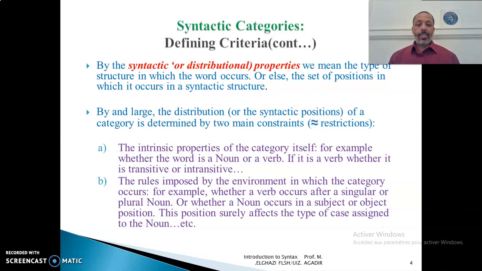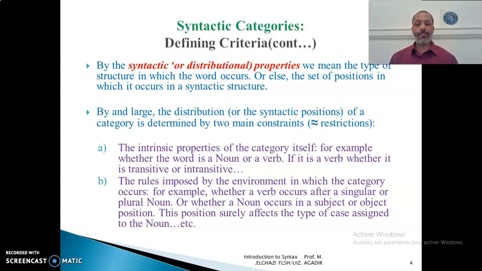The second criterion which restricts the distribution of words in a structure is the rules imposed by the environment in which the category occurs. For example, whether a verb occurs after a singular or a plural pronoun, or whether a noun occurs in a subject or an object position.